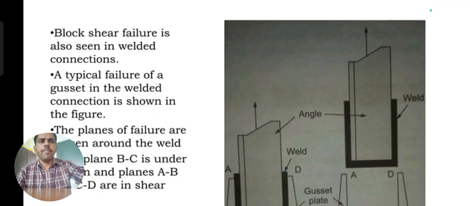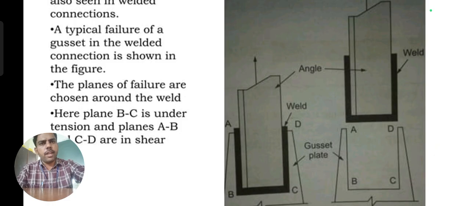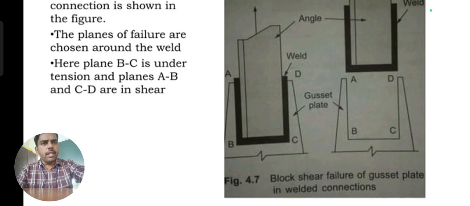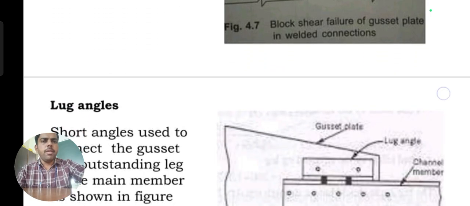See here. Block shear failure is also seen in a welded connection, a type of failure of a gusset in the welded connection, as shown in the figure. This type of failure is block shear. Here plane BC is under tension, and planes AB and CD fail by shear.